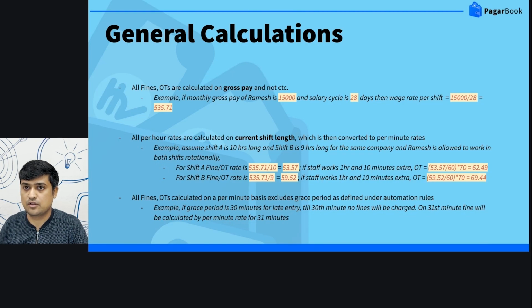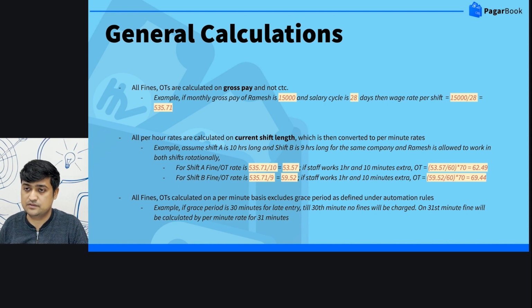Now, on this slide, I would like to have your complete attention, because here I will explain the basics of how the calculations work on the PagarBook platform with all the automations in place, right? The first point here is all fines and OTs are calculated on gross pay and not CTC. So for example, if you have a staff whose name is Ramesh and his gross pay is 15,000, whatever the CTC after bonus, etc., you're not worried about that.